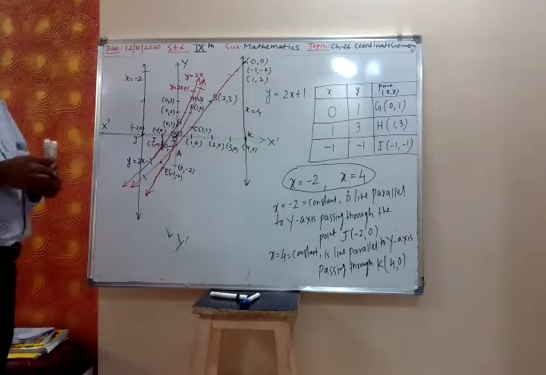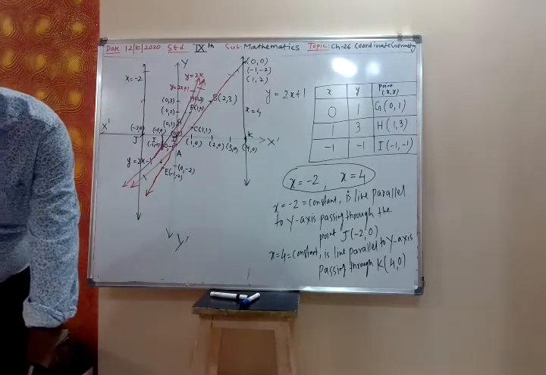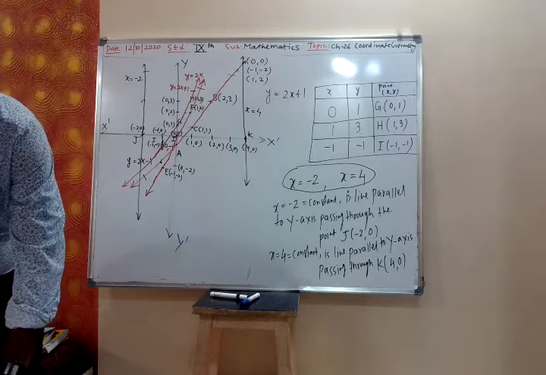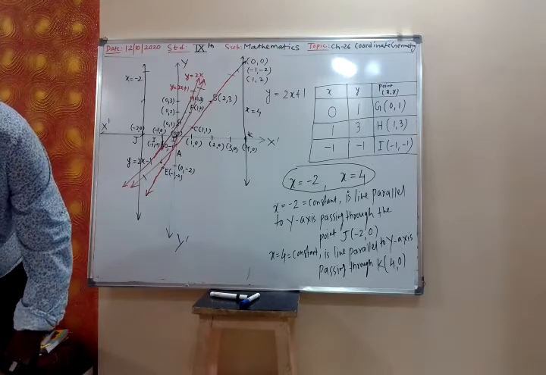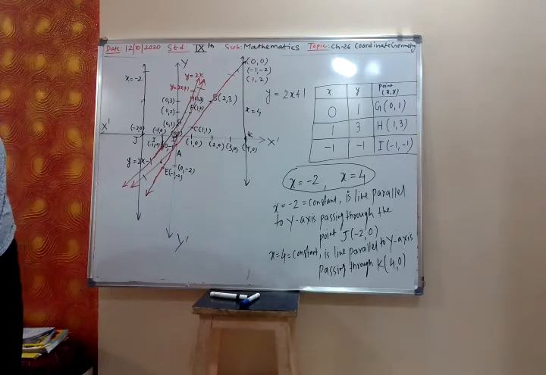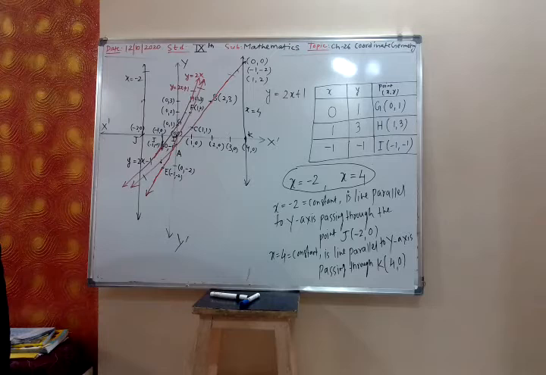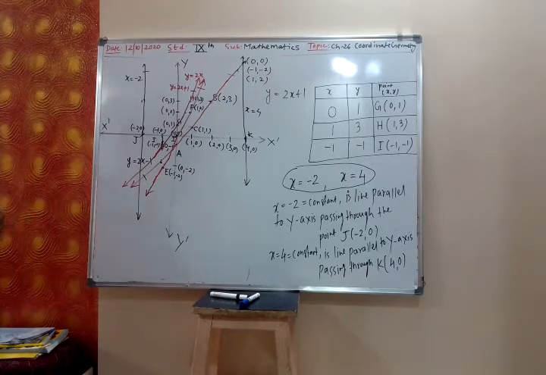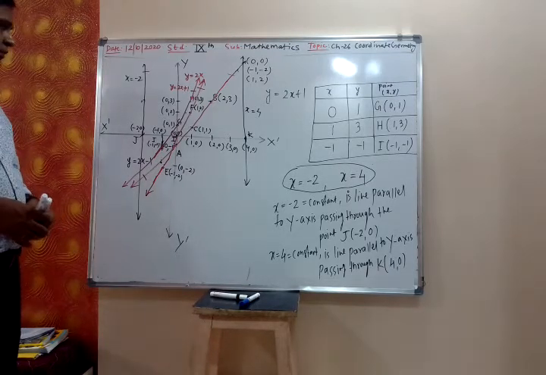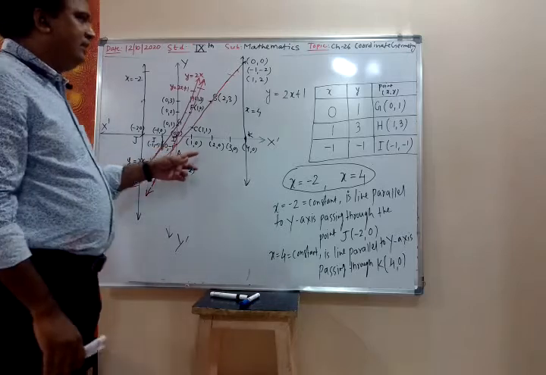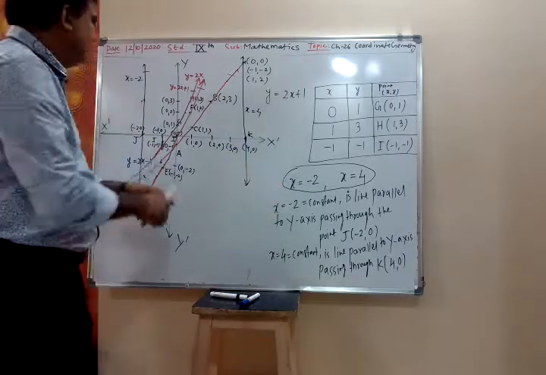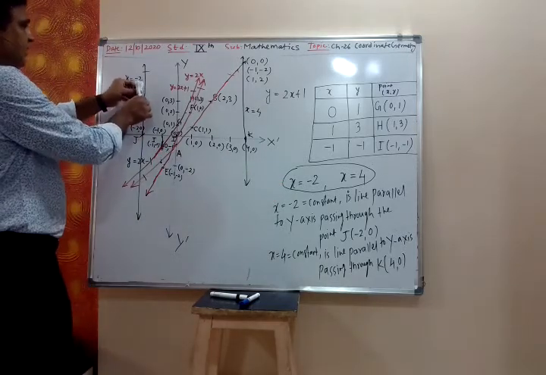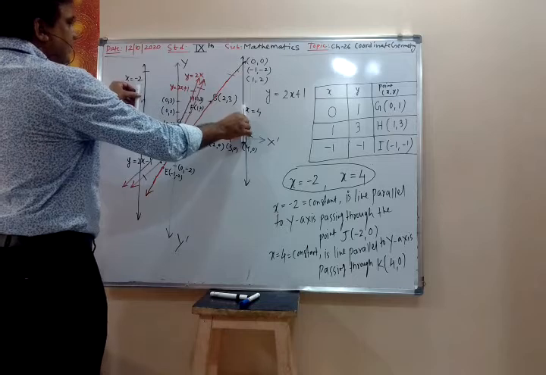Now what is asked in the question? See here, it will come proper. After GHI, we have drawn the line x equal to minus 2, this line, and x is equal to 4, this line.